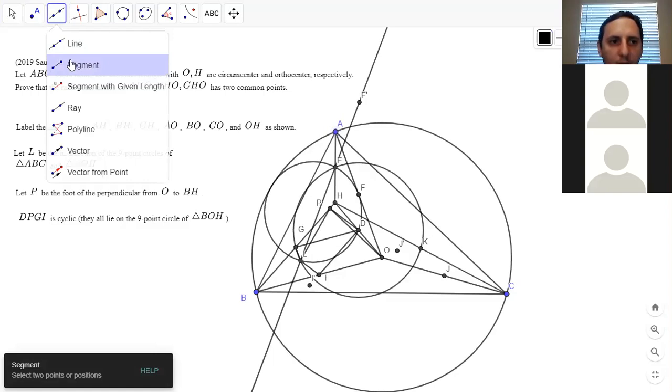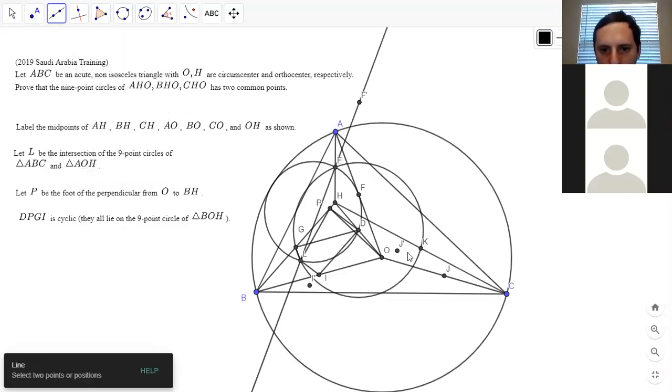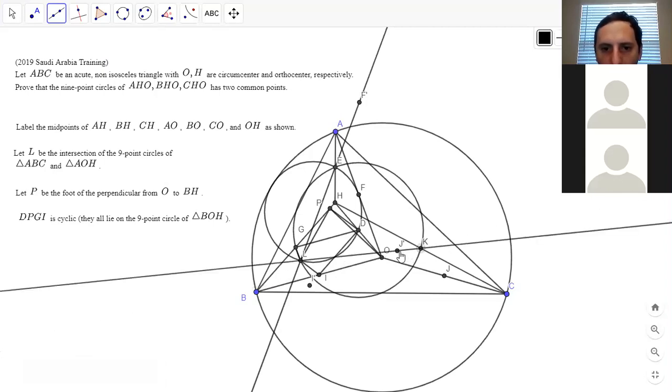You're right. We have to prove that all those three lines concur at L after inversion. Oh, okay. KJ prime and GI prime. So yeah, we have to show that those three concur at a point.